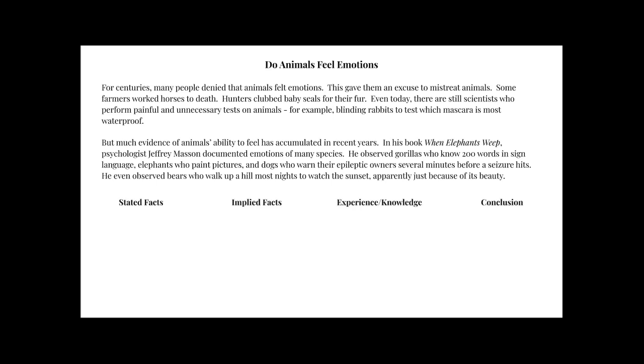So we're going to take a look at the stated facts, the implied facts, apply our own experience and knowledge, and come to a conclusion about whether or not animals feel emotions. The stated facts from the passage are gorillas know sign language, elephants paint pictures, and dogs warn epileptic owners before a seizure. The implied facts are bears enjoy beautiful sunsets and animals want to communicate.